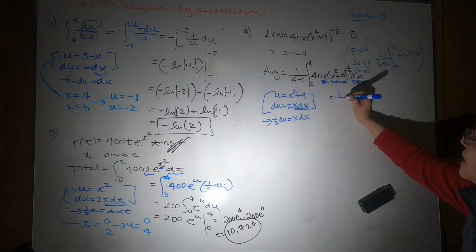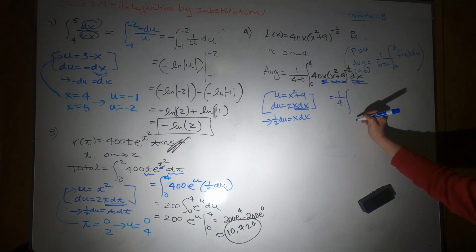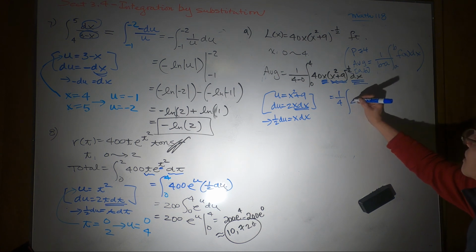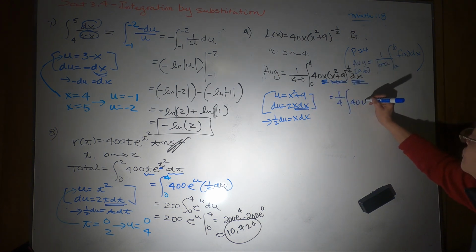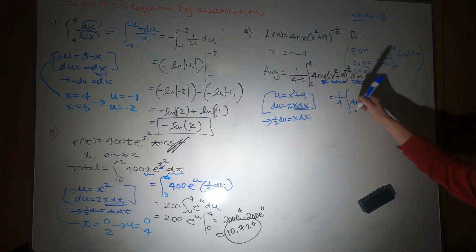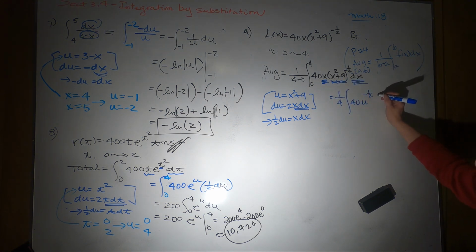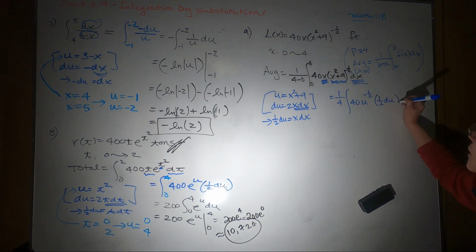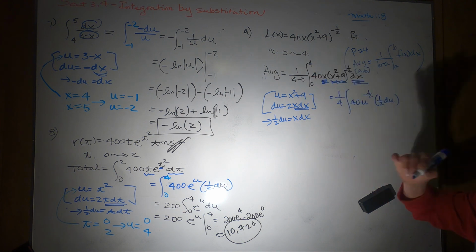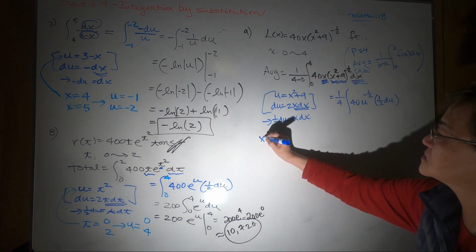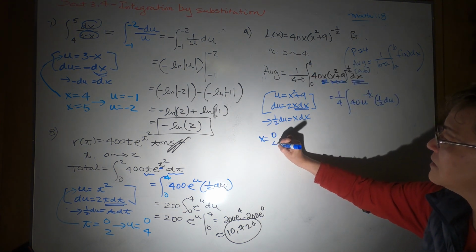So what do we have? 1 over 4, right? So 40 and x squared plus 9 would be your u to the half power. Then x dx would be half of du, right? For definite integral, you will also consider the beginning and the end. So the x was what? 0 and 4.